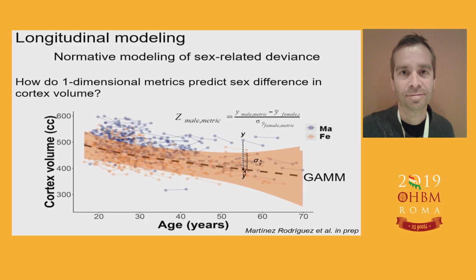So we do this for cortical volume and our one-dimensional metrics to see deviation in which one-dimensional metric best predicts deviation in cortical volume. We check for collinearity, and then we put these deviations as predictors in a linear mixed model predicting deviation in cortical volume.